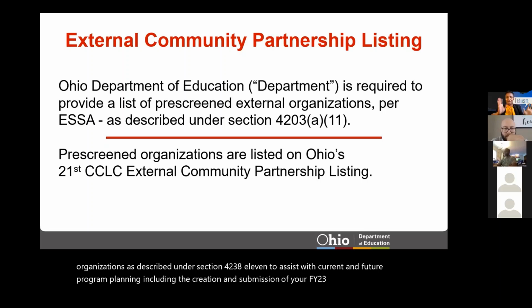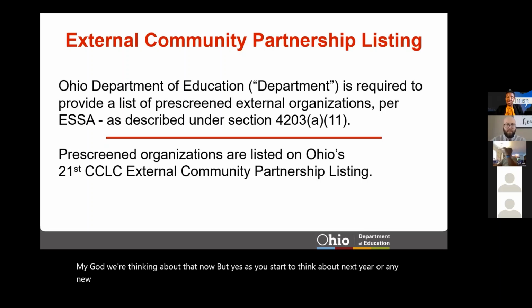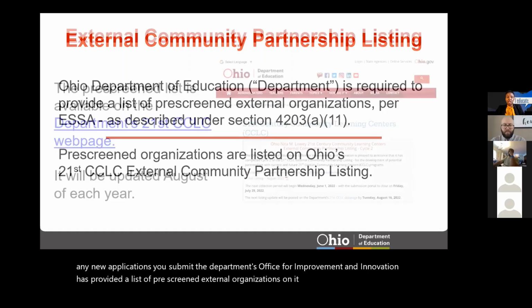I know we're like, oh my God, we're thinking about that now, but yes, as you start to think about next year and or any new applications you submit, the Department's Office for Improvement and Innovation has provided a list of pre-screened external organizations on its external community partnership listing.